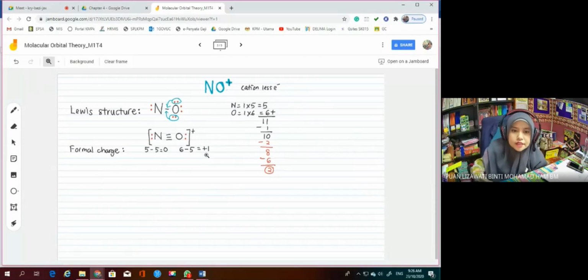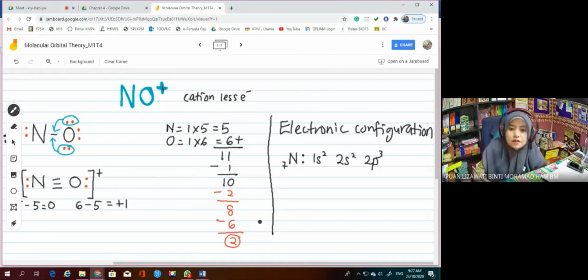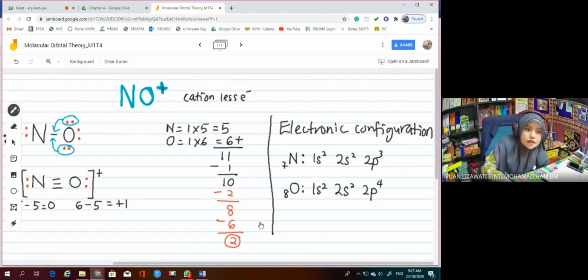So kita nak lukis, nak tulis electronic configuration. Okay, right. So we start with nitrogen. So we know that the atom we have 7. 1s2, 2s2, 2p3. Okay, oxygen we have 8. 1s2, 2s2, 2p4.